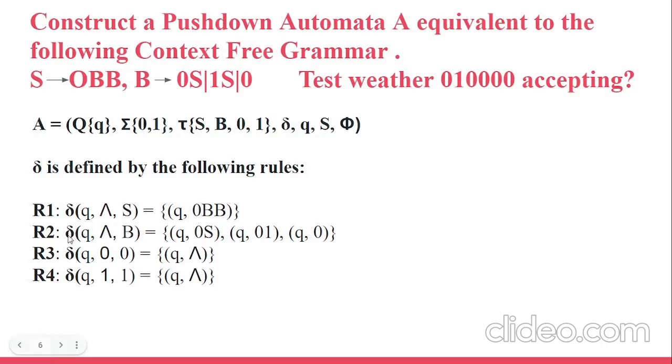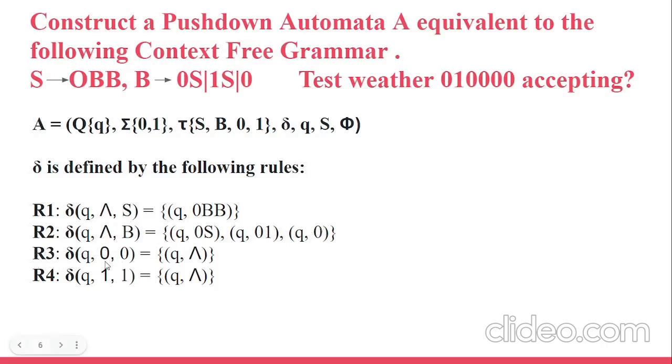S is also a non-terminal. And rule 2 defines that in any state, if the stack contains B at the top, then we can replace B with 0S, 0, 1 or 0.